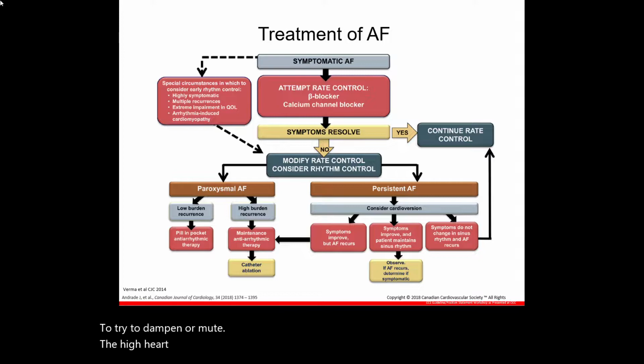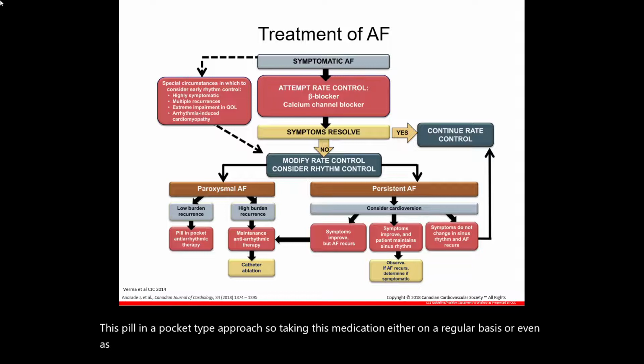You also have calcium channel blockers, which can also be used. In some cases, this pill in a pocket type approach, so taking this medication either on a regular basis or even as needed as symptoms present, can help to resolve symptoms. And so this may be all that is really required.